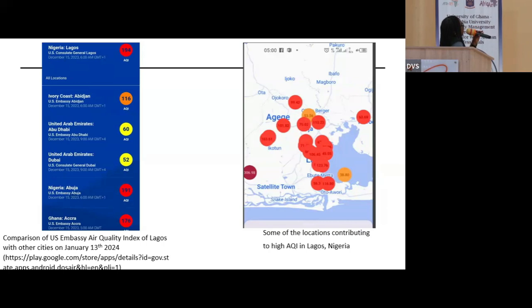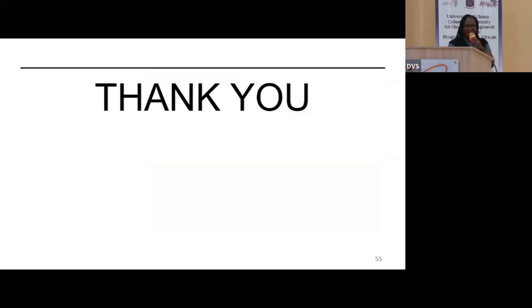You can see the data here is from the same day as this, and so you can see what is contributing to the very high air quality index in Lagos. So the next, thank you very much.